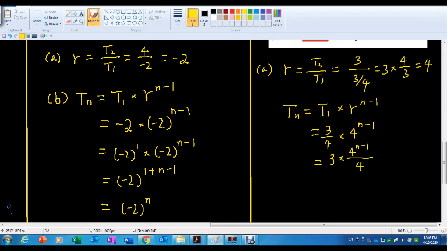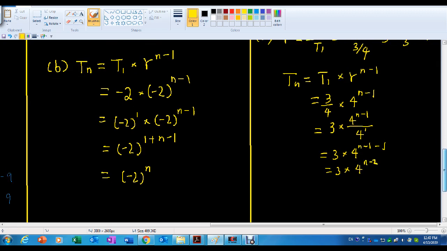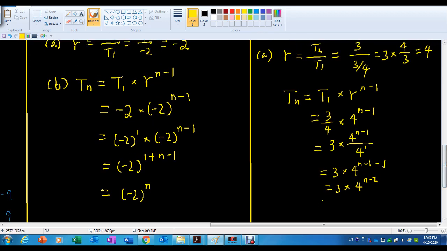But 4 is actually 4 to the power 1, so you can use your index law to simplify it like this. It becomes 3 times 4 to the power n minus 2. So that's our general term.